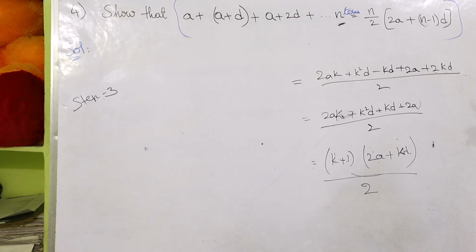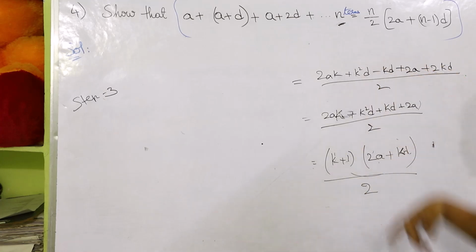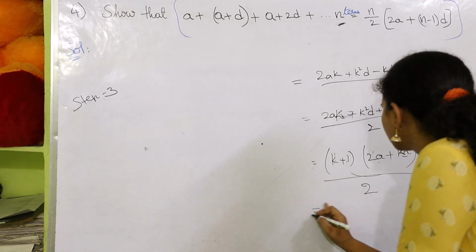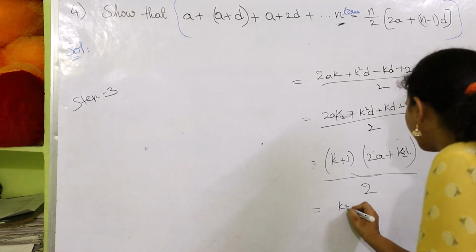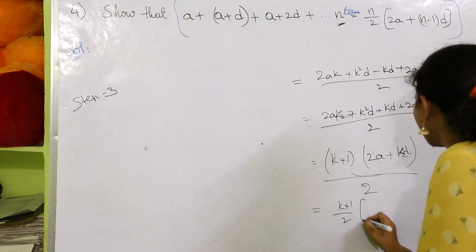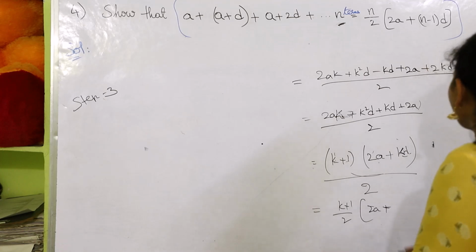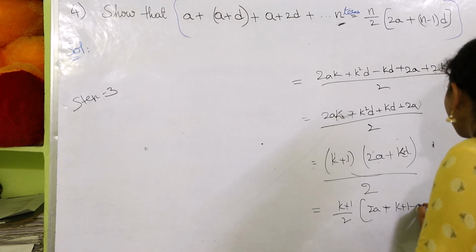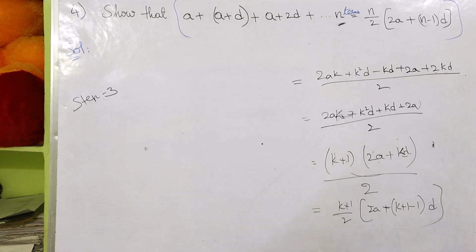The question is k plus 1 by 2 into 2a plus k plus 1 minus 1 into d. This is the one that I wanted at last. Clear?